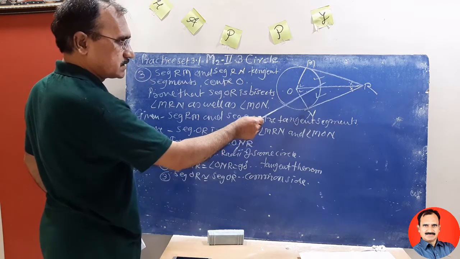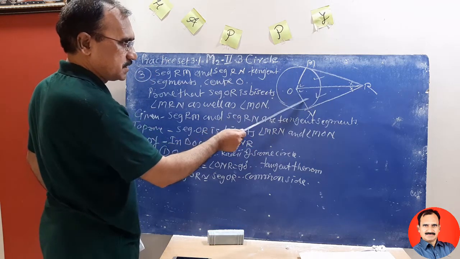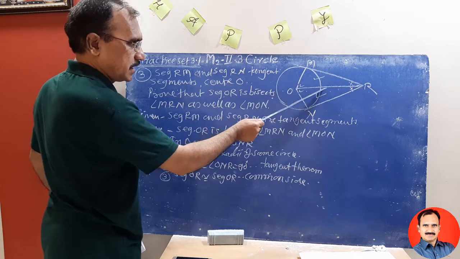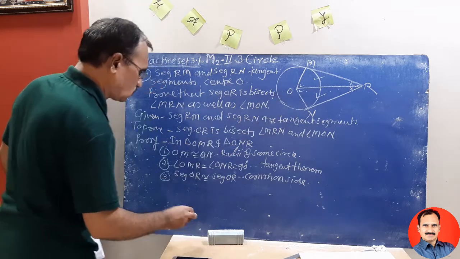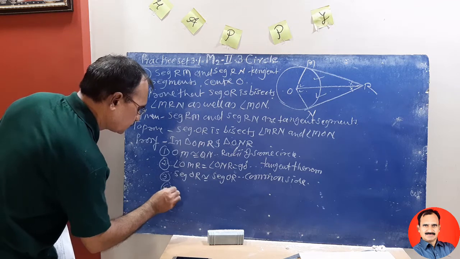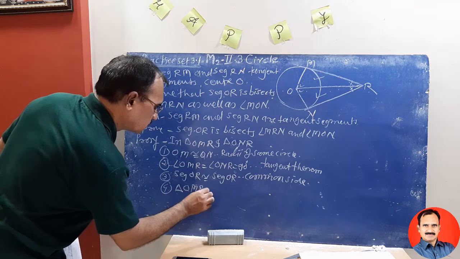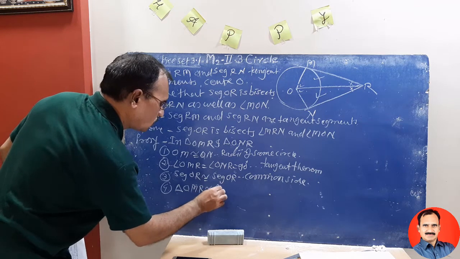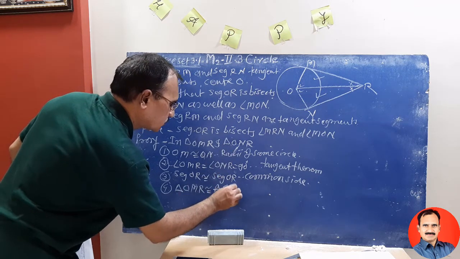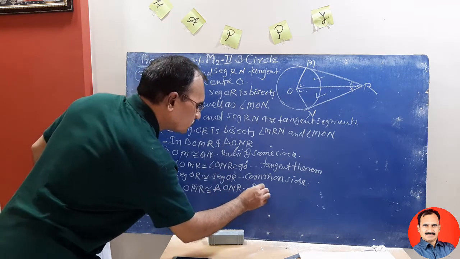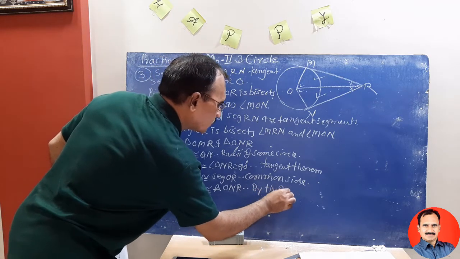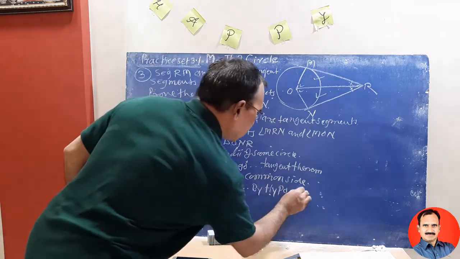In these two triangles, this hypotenuse and this radius are equal. That means one side and hypotenuse, and therefore these triangles are congruent by which test? Triangle OMR is congruent to triangle ONR by the hypotenuse side theorem.